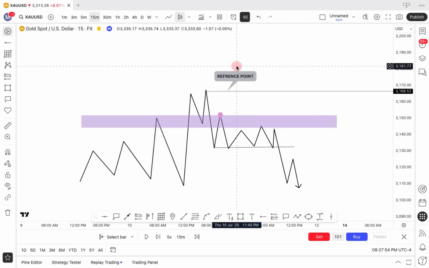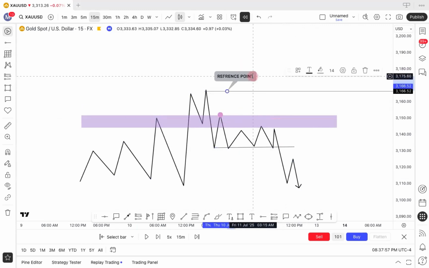My reference point is basically defined as, I'm going to write this down, the highest or lowest point price can go to when taking highs or lows out.